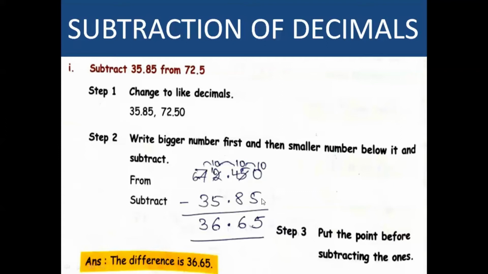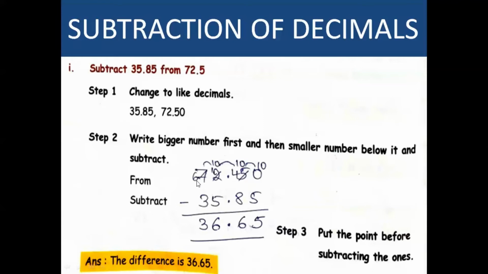0 minus 5 we cannot subtract. Then borrow 10. 10 minus 5, 5. Now 4 minus 8 we cannot take. So borrow 10. 10 plus 4, 14. 14 minus 8, 6. Now take 10 borrow. 10 plus 1, 11. 11 minus 5, 6.